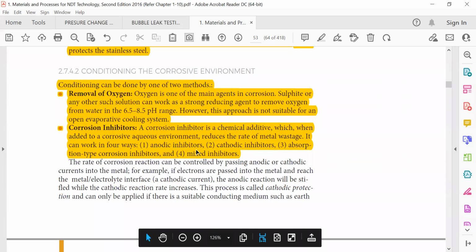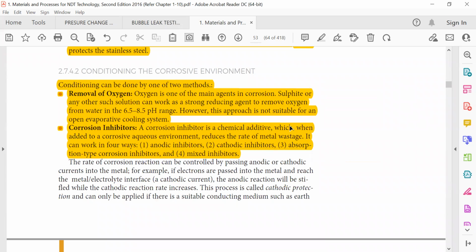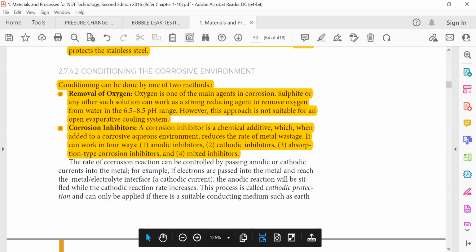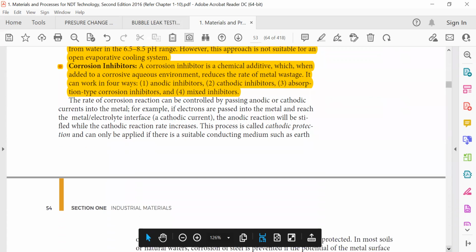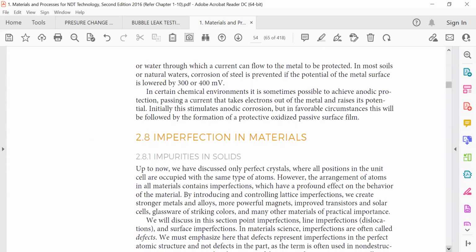So if you put an anodic inhibitor or cathodic inhibitor, then corrosion will be less. That is control, not stop.